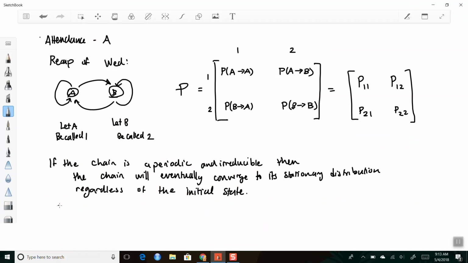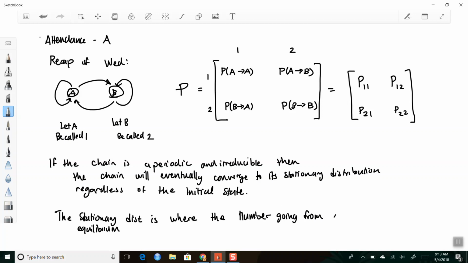Okay. Stationary, and the stationary distribution, or sometimes called the equilibrium distribution, is where the number going from A to B equals, or it should be where the number leaving a state, this is a better definition for the general case, is equal to the number entering the state.